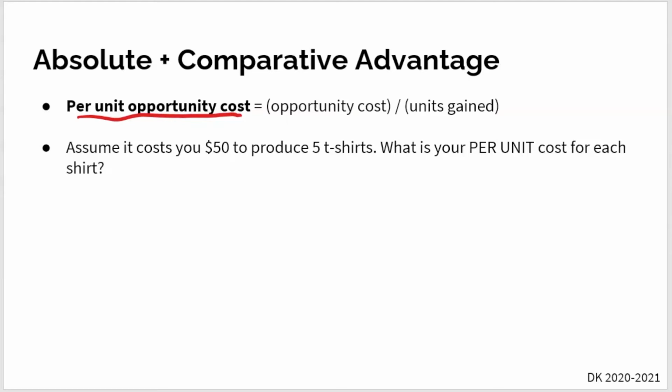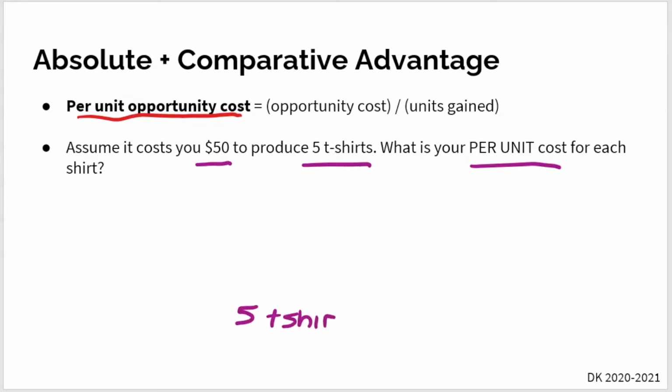And so here, let's look at this example. This example states that it's going to cost us $50 to produce 5 t-shirts, and it's asking us what the per unit opportunity cost of producing 5 t-shirts is. So here, we can just plug our numbers into the equation. What are we gaining? We're gaining 5 t-shirts.